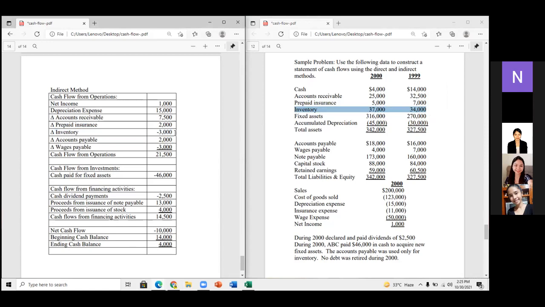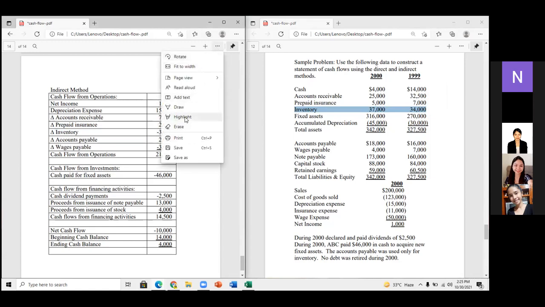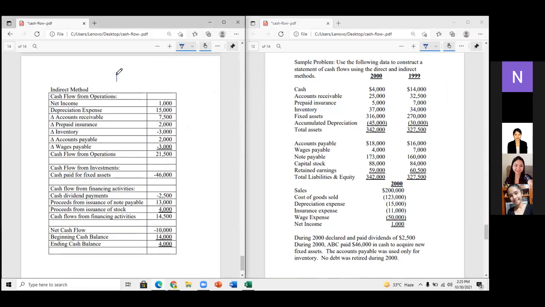And after nyan, punta naman na tayo sa current liab. Sa current liab naman, baliktad siya, kasi sa mga current asset, indirect relationship siya.